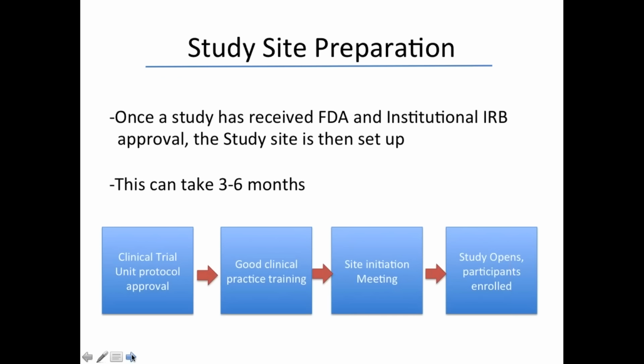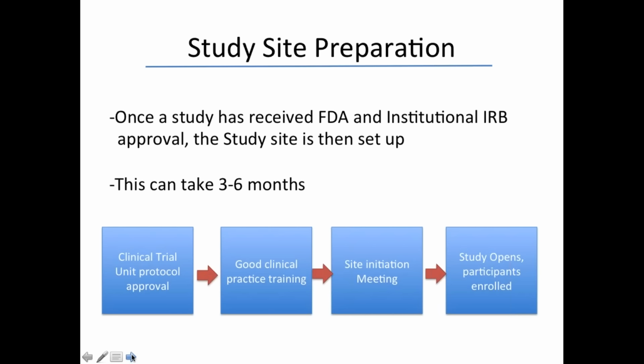The next thing that happens is once a study has gotten through the FDA to undergo a specific phase of a trial and through that lengthy IRB process, and IRB processes for clinical trials involving new drugs can take months and months and months while all the issues are settled and discussed, study site preparation begins, and this is something that can take another 3 to 6 months after the institutional IRB has already been approved.